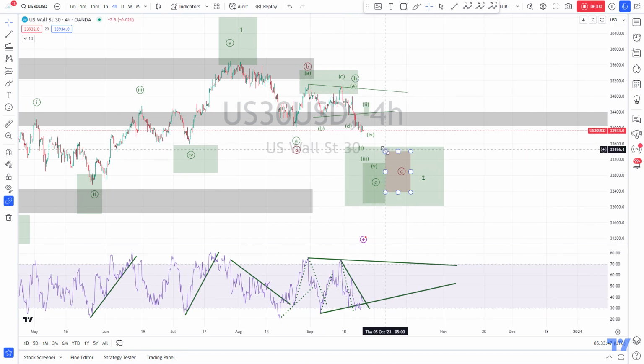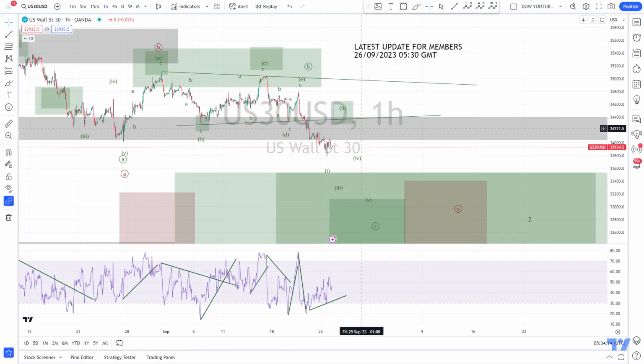There is more to come, I believe, but we cannot forget that we already took out this low here, so this can be enough to complete the correction. So I would like to see what's coming here. Ideally we see a clear corrective move up, as a nice ABC, and then this would be a nice short opportunity in my opinion. But we need more data for this.